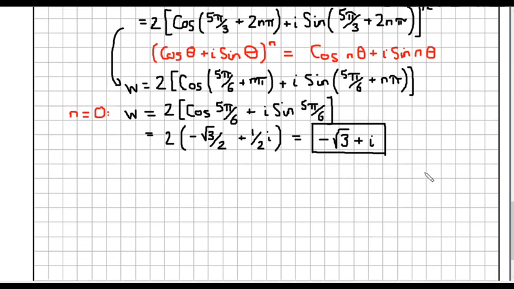That's one of them found, and then let's find the other by this time replacing n with 1. So we're going to go back to this line now and replace n with 1. So when we do that, w is going to be twice cos of, so when n is 1, it's going to be 5 pi over 6 plus, well, 1 pi, or just pi you could say, plus i sine of the same angle.